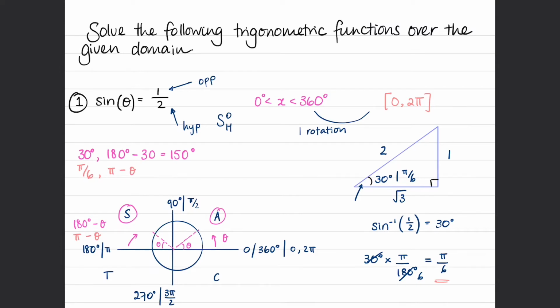In this case, my angle is pi on 6, so my other angle will be 5 pi on 6. What this means is that in order for sine to equal a half, the angle would either be pi on 6 or 5 pi on 6 when it's between 0 and 2 pi, or when it's between 0 and 360 degrees, my two angles will be 30 and 150 degrees.